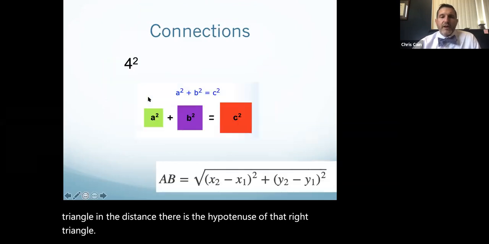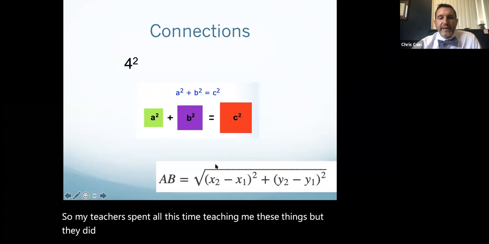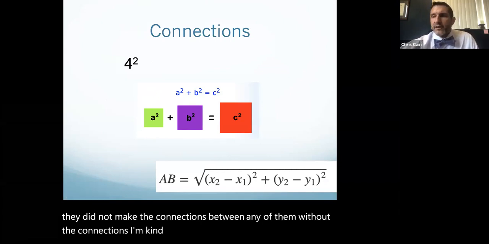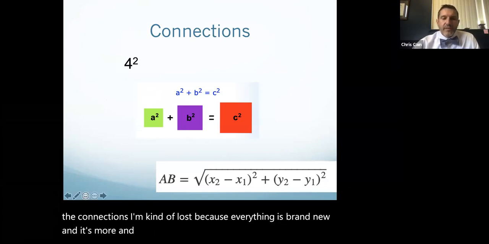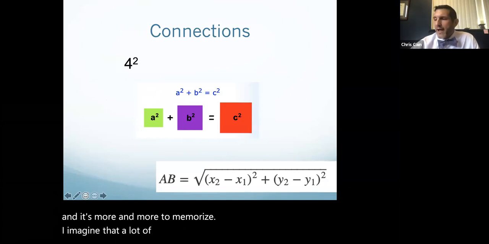So my teachers spent all this time teaching me these things, but they did not make the connections between any of them. Without the connections, I'm kind of lost because everything is brand new and it's more and more to memorize. I imagine that a lot of us feel like math was just a set of memorization.